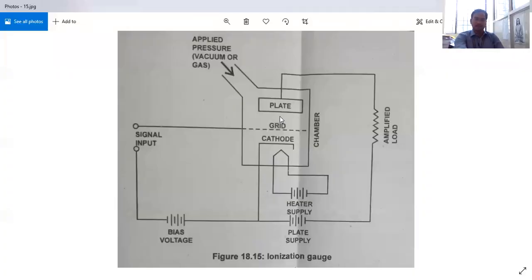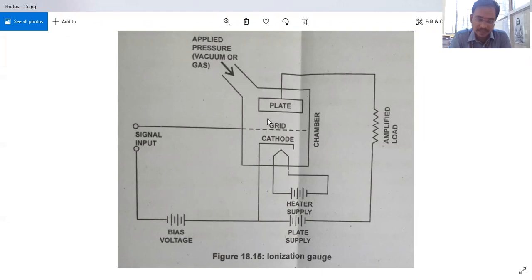The electrons coming out of this plate will collide with the gas that is coming here, and ionization of the gases will take place.